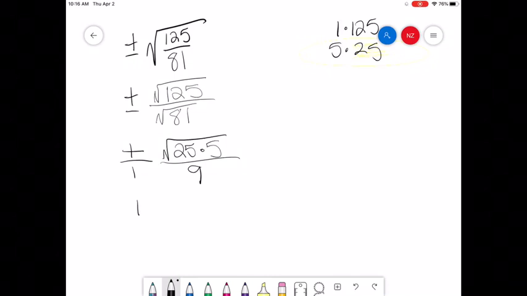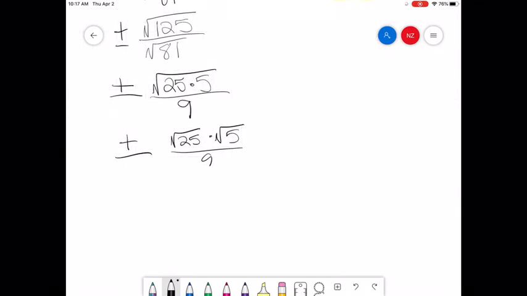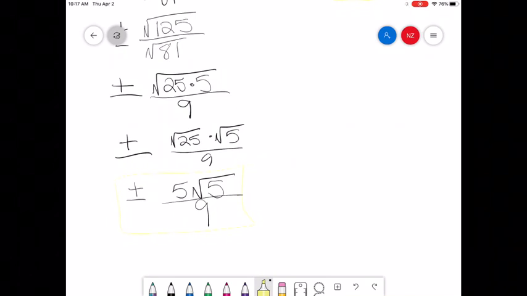Break apart your radical so you have plus minus the square root of 25 times the square root of 5 all over 9. The square root of 25 is 5, so this will be 5 times the square root of 5 over 9. Okay? This would be your answer that you plug in to HMH.